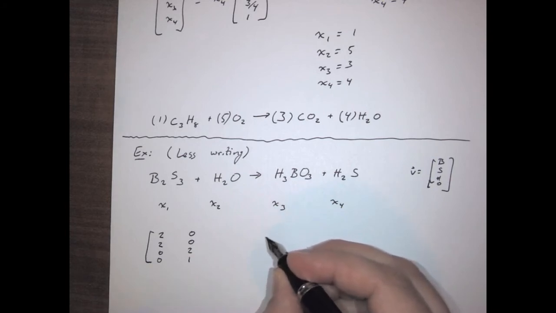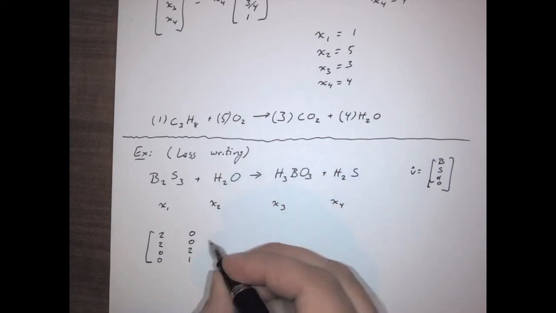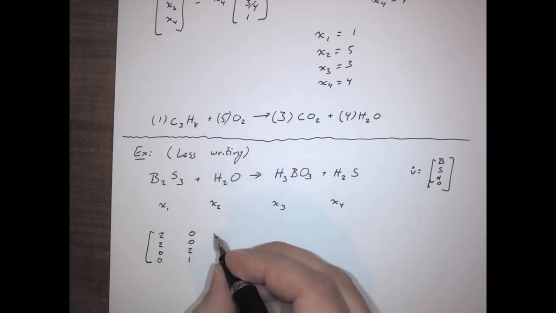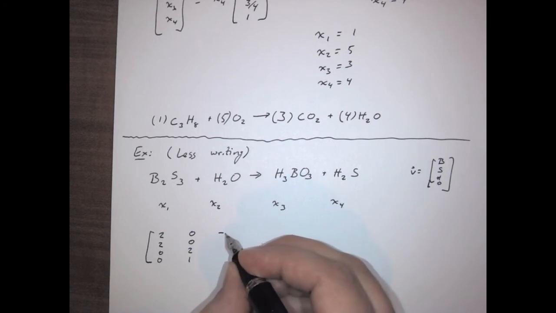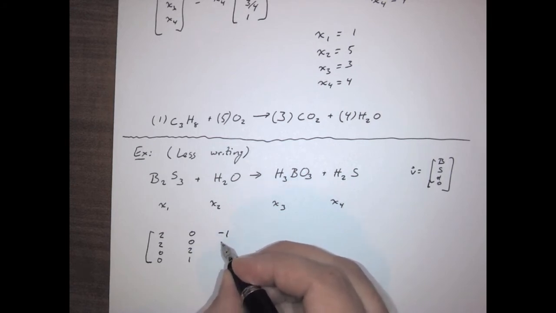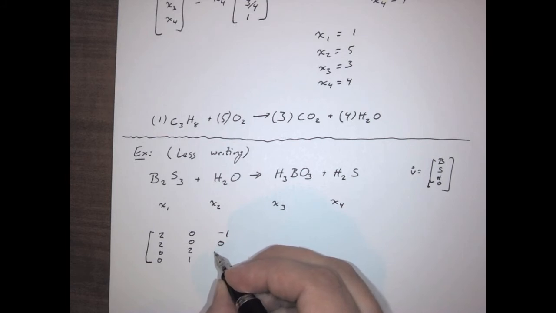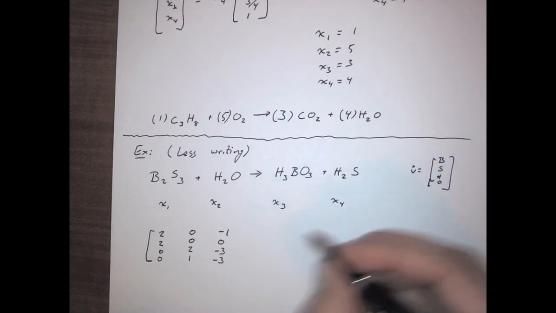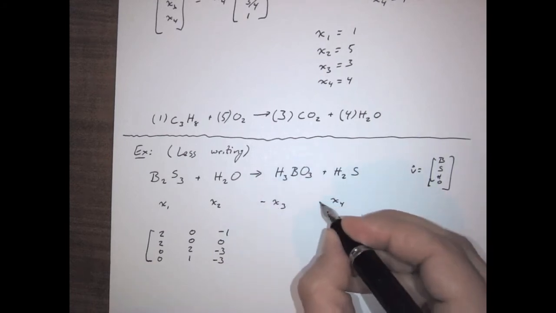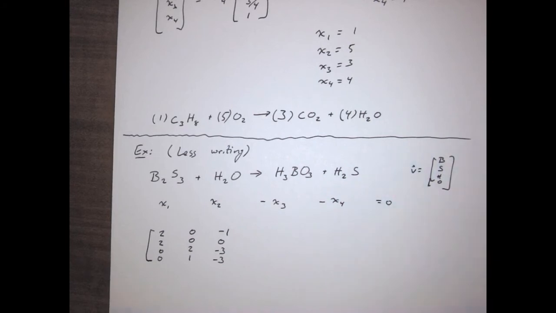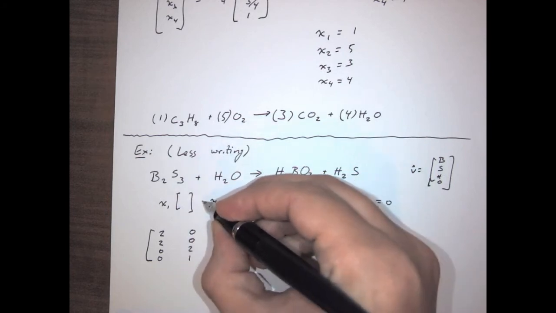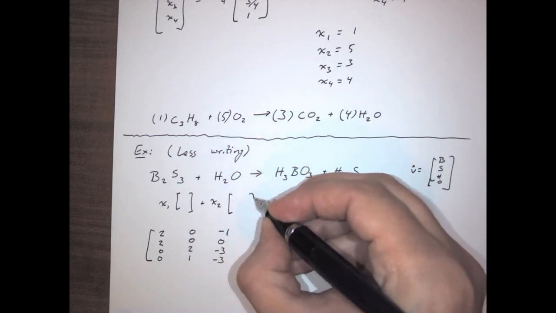Here we're going to have 3 hydrogen, 1 boron, 3 oxygen, but they're all going to be negative. So this is -1 for the boron, no sulfur, -3, -3, and then the last one is going to be minus that equals 0. Yeah, I can write it like this.